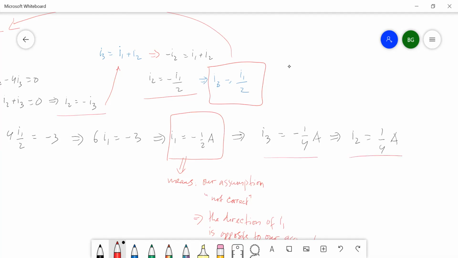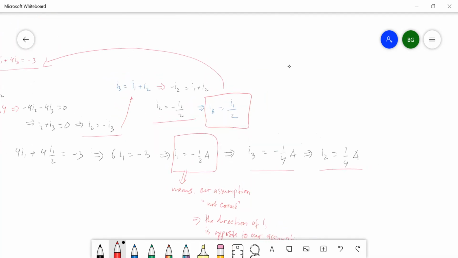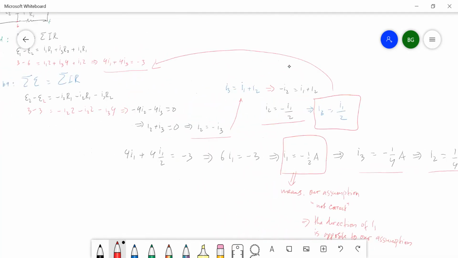So the direction of this I2 is already correct. We have to correct the direction: the directions of I1 and I3 are the opposite of our assumption.